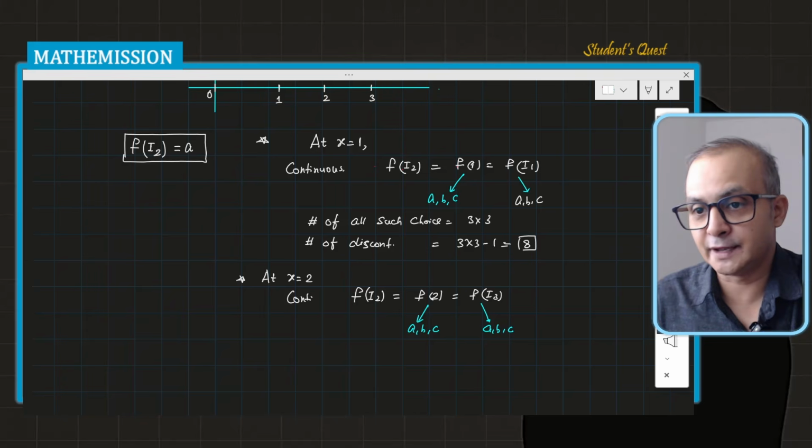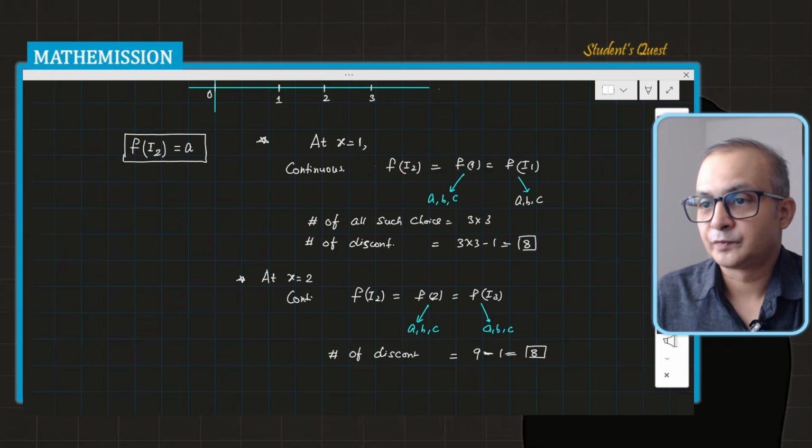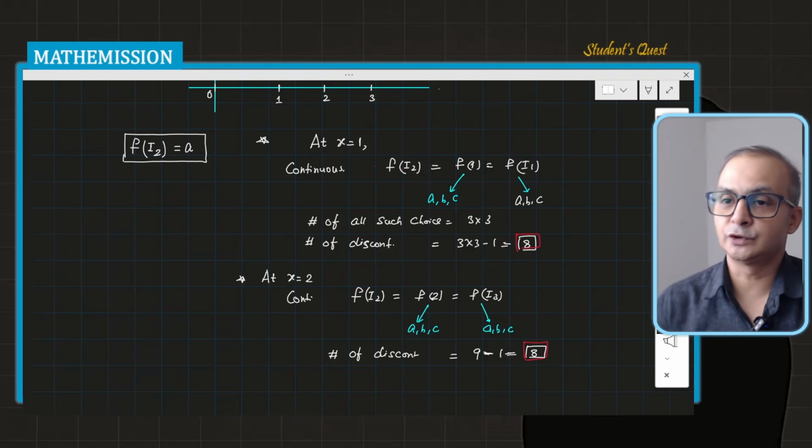So this is going to be again, I'm writing number of discontinuous choice I have, that is 9 minus 1, that is again 8. So we will keep them aside because we are going to use it.